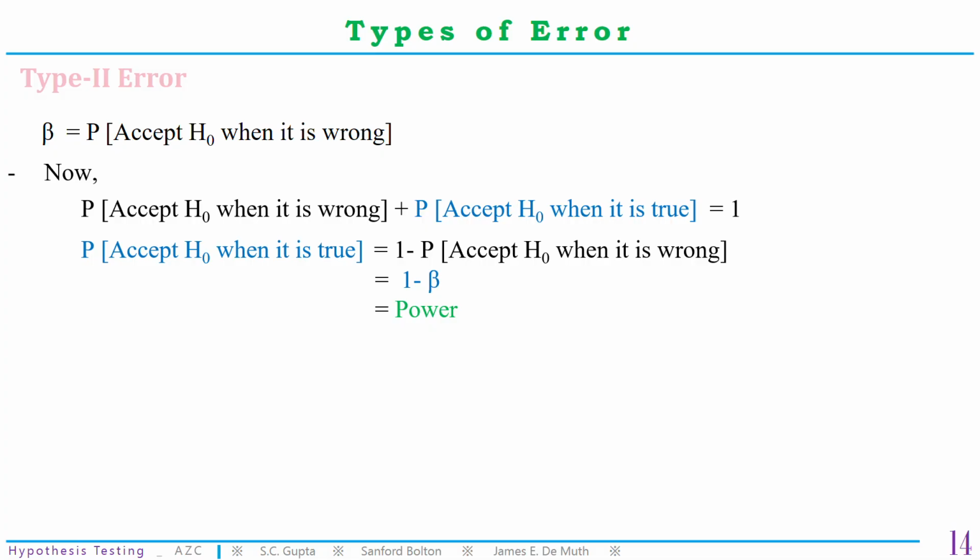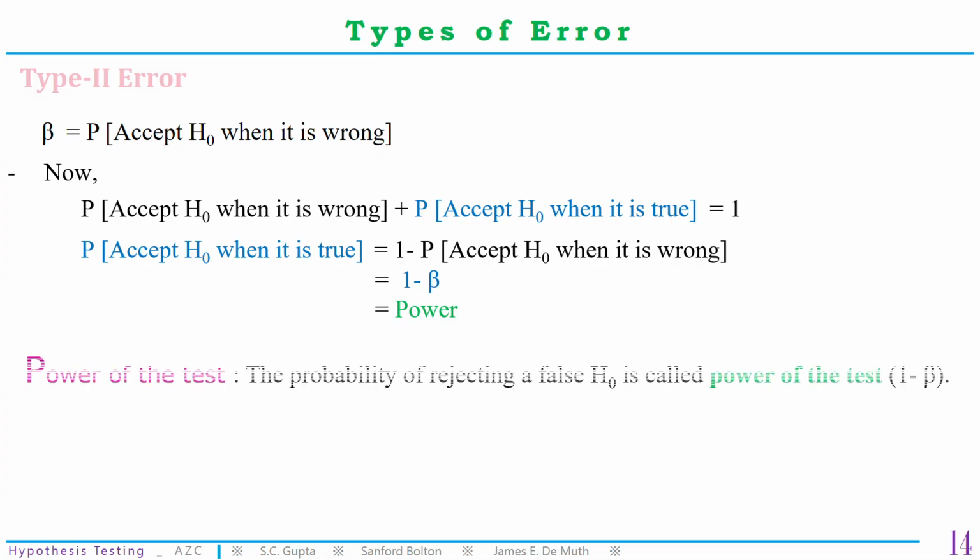The probability of accepting the null hypothesis when it is true is equal to 1 minus the probability of accepting the null hypothesis when it is wrong, that is, 1 minus beta, and is also called power. Power of the test: the probability of rejecting a false null hypothesis is called the power of the test.